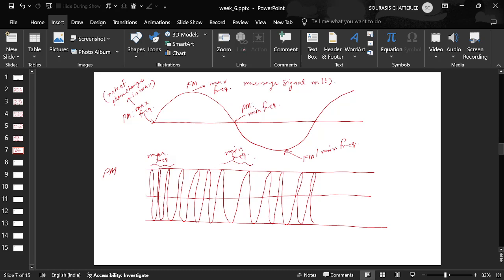And remember, there is no change in amplitude, because unlike amplitude modulation, we are not touching amplitude here. Both phase and frequency modulation are angle modulation, so nothing really changes about the amplitude. The amplitude remains constant, which is why you can see constant positive and negative peaks. That is also a characteristic of an angle modulated signal.